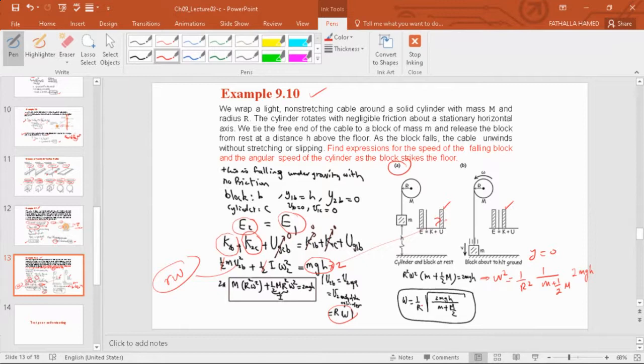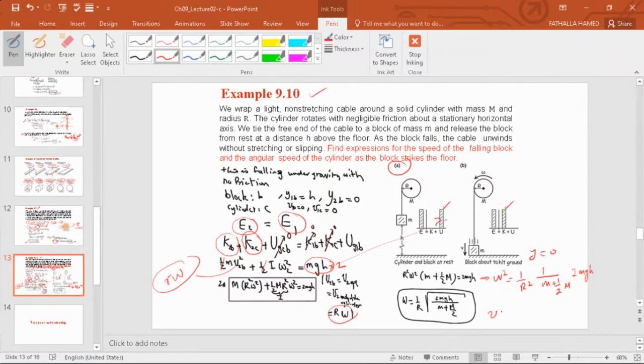Now, if you want to take the square root to get omega, then you're taking the square root of 1 over r squared, which is 1 over r, and the square root of 2mgh divided by m plus m over 2. And that basically will give you your angular speed here, which is omega.